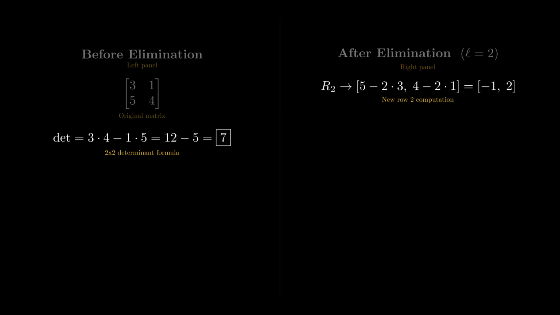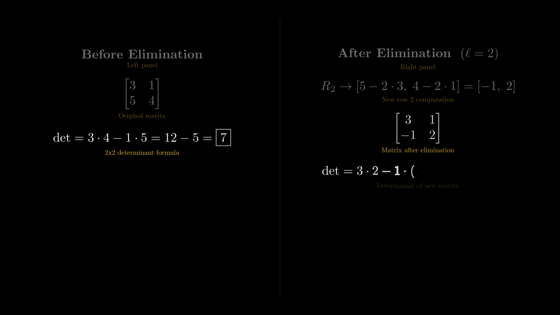The new row 2 becomes 5 minus 2 times 3, 4 minus 2 times 1. That's 5 minus 6, 4 minus 2, giving us negative 1, 2. So the new matrix has row 1, 3, 1, and row 2, negative 1, 2. The new determinant is 3 times 2 minus 1 times negative 1, which equals 6 plus 1, which equals 7.